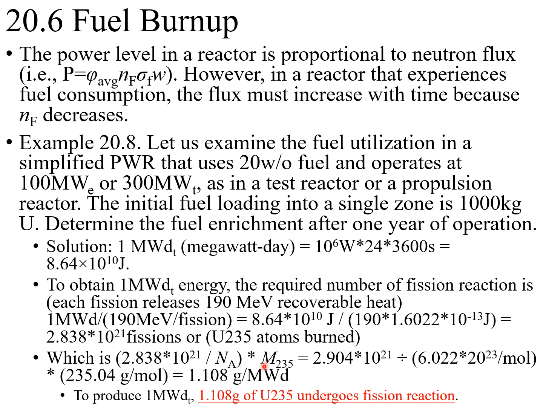We can get the mass of the fuel that has been burned to produce 1 megawatt day. Or to produce 1 megawatt day of thermal power, about 1.11 gram of the uranium-235 is burned. It undergoes fission reactions.